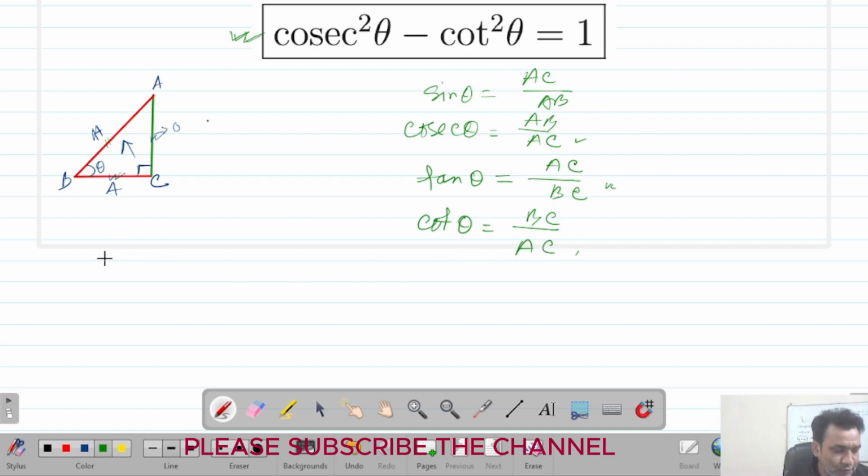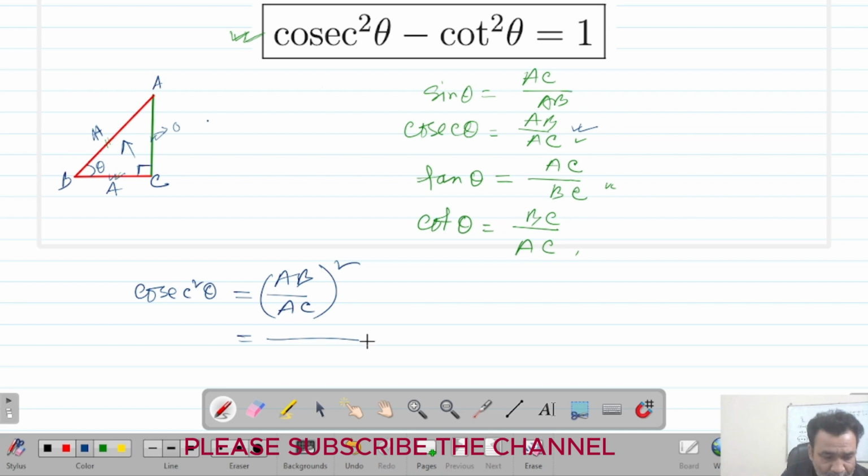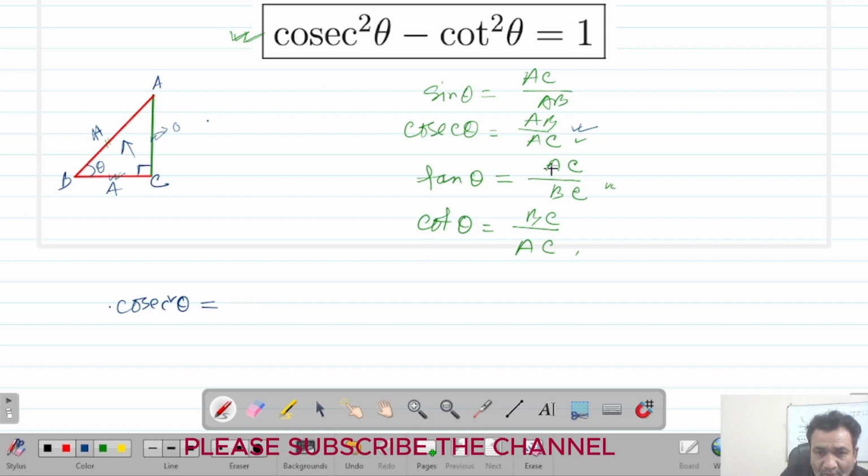Now let's prove cosec square theta minus cot square theta. Find the value of cosec square theta, then we can write it like AB by AC whole square, as cosec theta is equal to AB by AC.